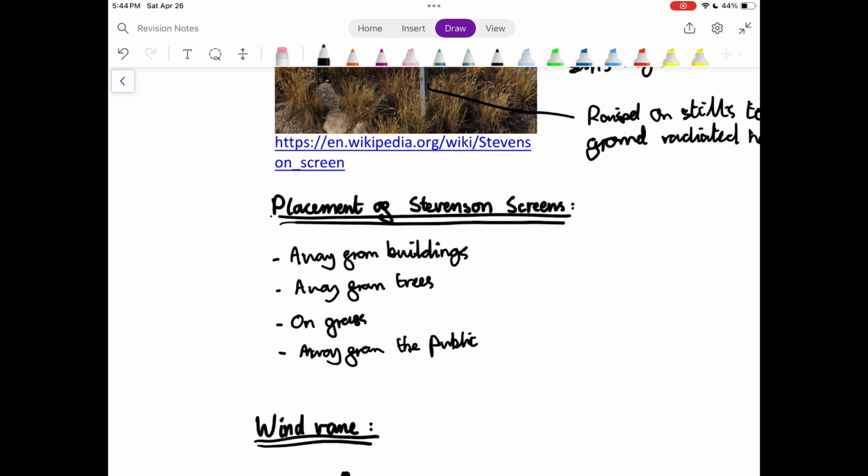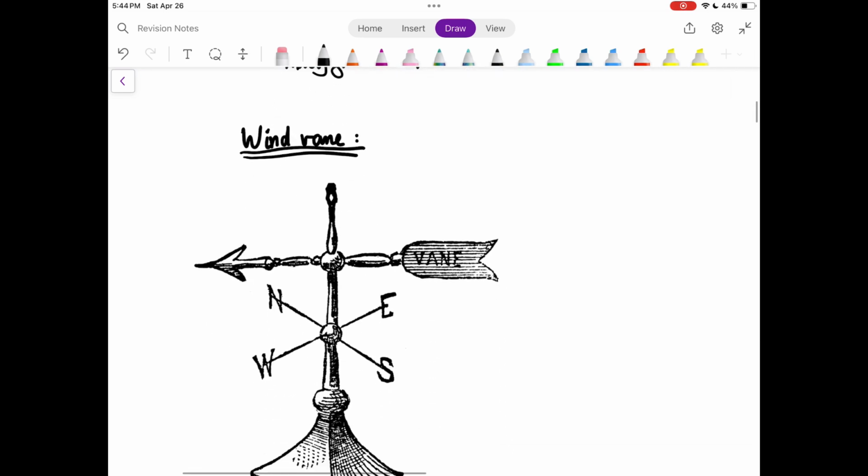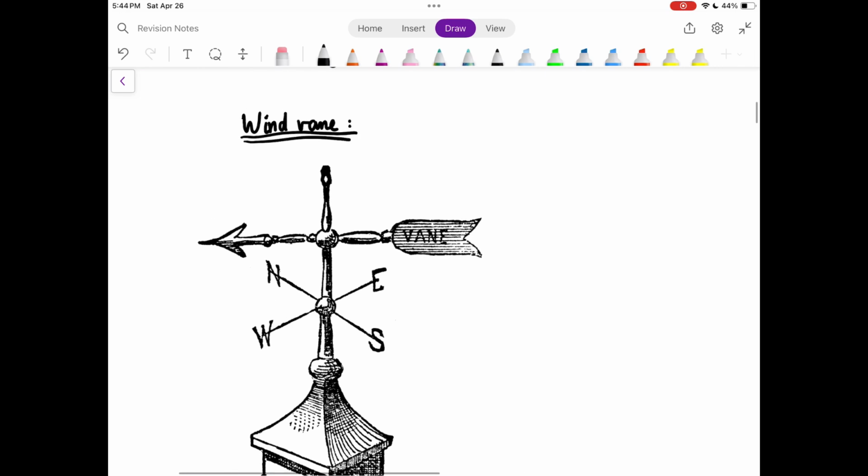Okay, so now we're going to be looking at the specific weather instruments. The first is the wind vane, and this measures wind direction. What you need to know about wind vanes is how it works.